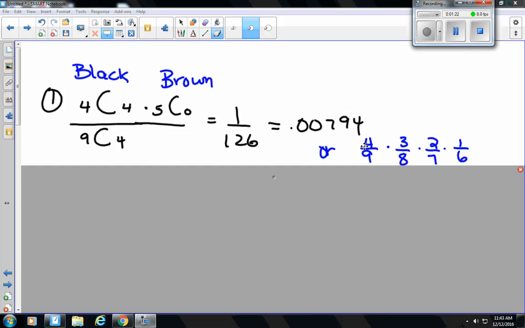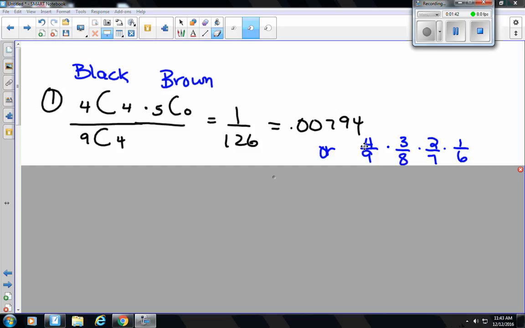Okay? Now, the other way to do this problem, you cannot do this with a binomial distribution at all because it is not binomial. It violates the independence assumption, which means that as I draw a button, I don't replace it, and so the probability changes from one event to another.